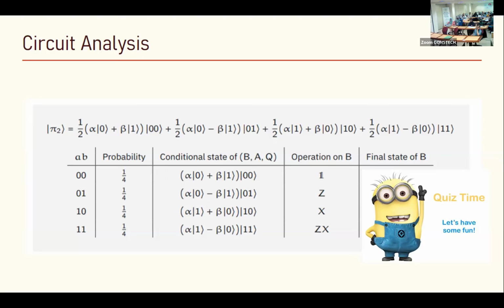So 0, 1 means which operator? Z operator. So what happens when we apply the Z operator on ket 0? Same. What happens when we apply Z on ket 1? We get a negative sign. That negative sign is nullified by the negative sign that is already there. So after the application, what would it become? Alpha ket 0 plus beta ket 1.